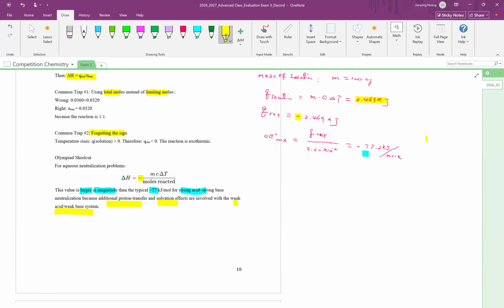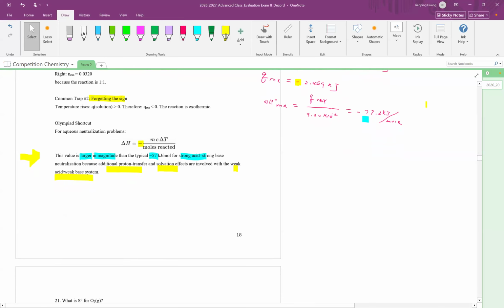This question is not related, but look at it. Also, it's a very nice one. You will not read it from any book, I tell you. So normally, strong acid with strong base will release 57 kJ per mole. That's the heat. When you do the lab part, you remember, you calculate. However, here it's more. Why? The reason is because of the proton transfer and solvation effect for the weak acid, weak base.